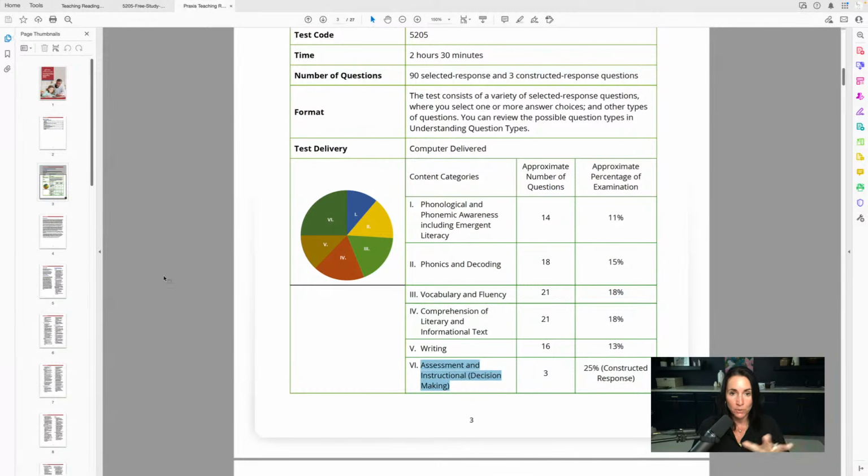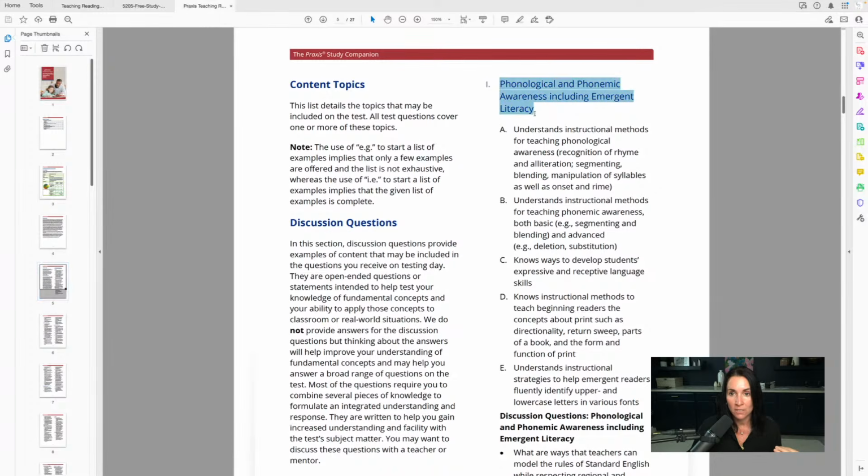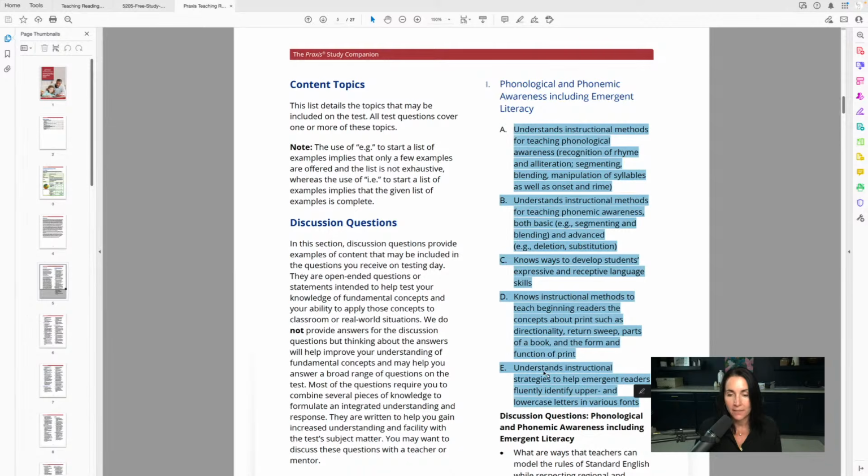Now, beyond this blueprint piece, then we get into the test specifications. And I really love the ETS test specs. They do such a good job. So you can see that under this major content category here, phonological and phonemic awareness, we have all of this information here. This is what we call fair game on the exam.